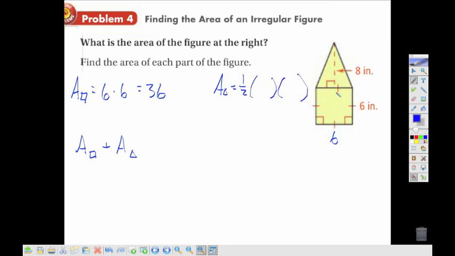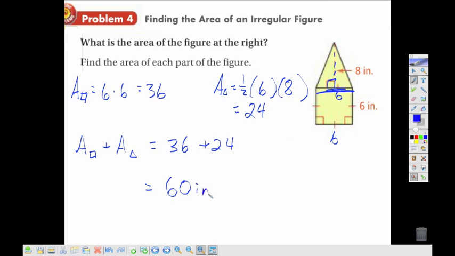Our base would be the 6, and then our height, since we have a right angle, is the 8. And so the area of the triangle will be 24. So for the area of the whole thing, we'll just add the 36 and the 24 to get 60. We think about our units, it's area, so inches squared.